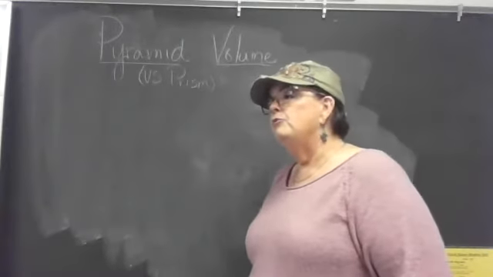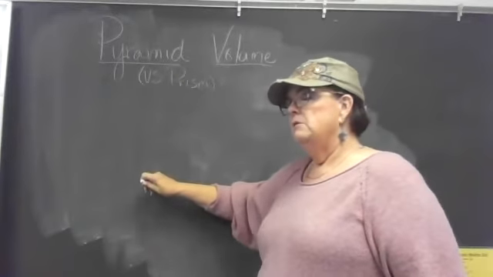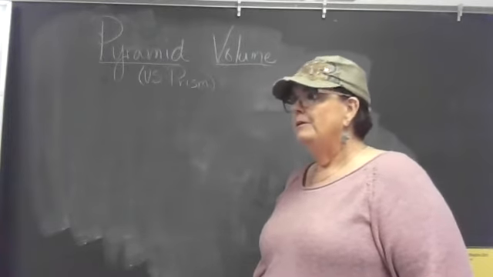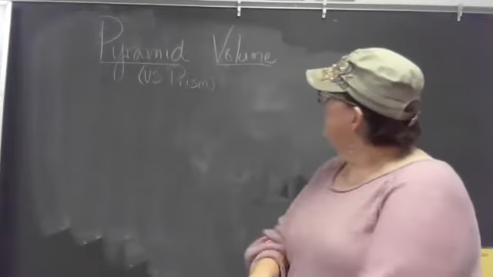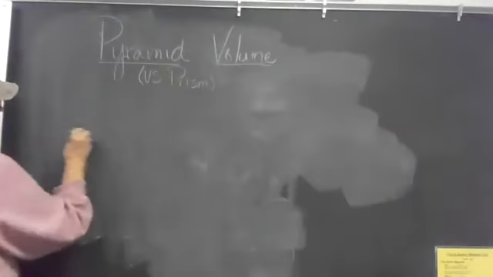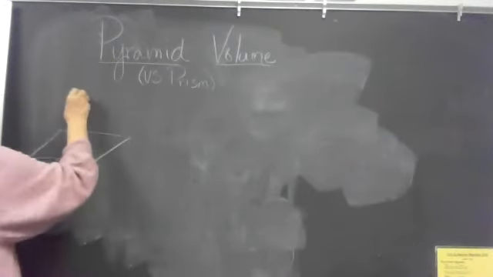So we can have a rectangular pyramid where the base is a rectangle. We can have a triangular pyramid where the base is a triangle. These are harder for me to draw, but we will do it. Let's draw a rectangular pyramid.